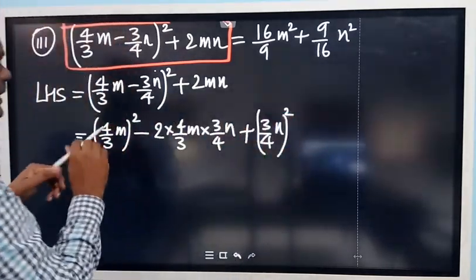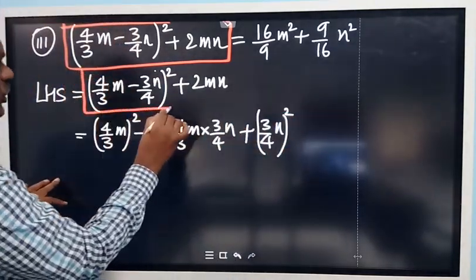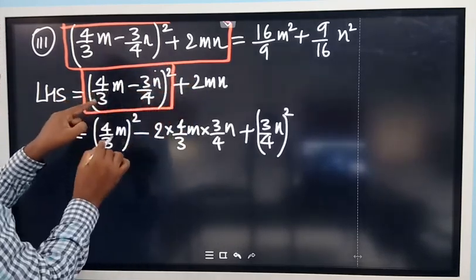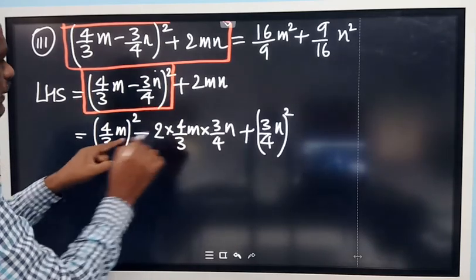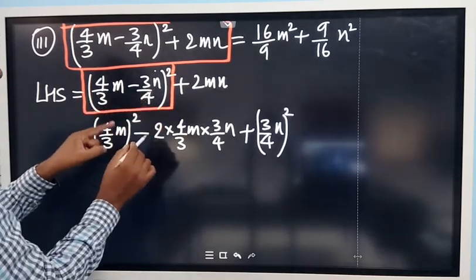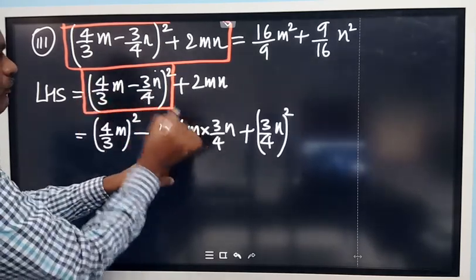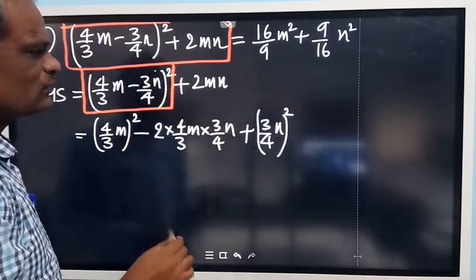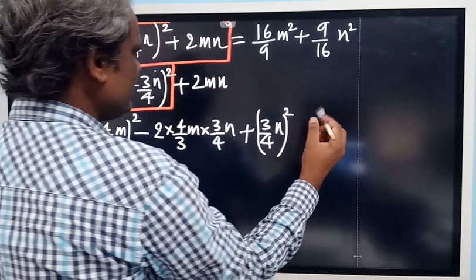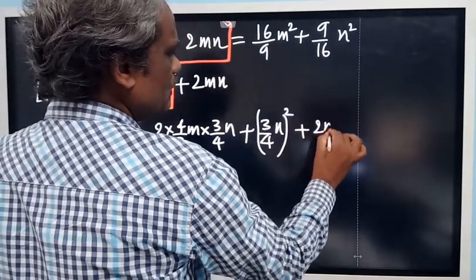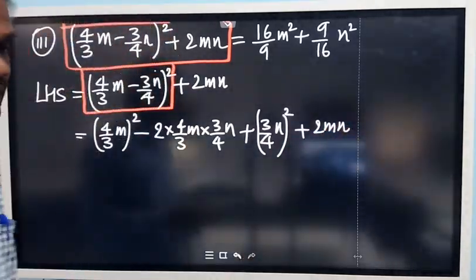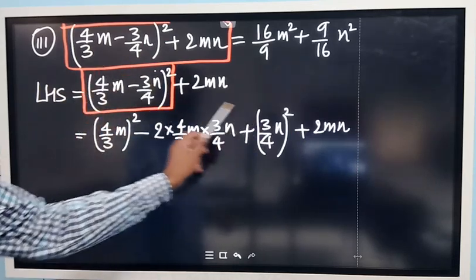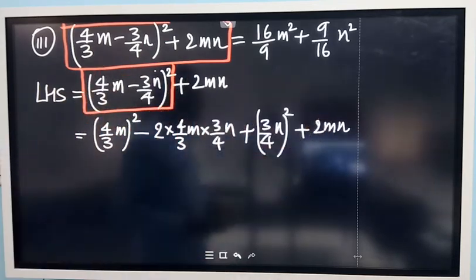So we simplified this portion only. This is this much only. A minus b whole square, a square minus 2ab, a value this one, b value this one, 2 into a value, b value is this, plus b square, 3 by 4n whole square. Then you write this last at the end plus 2mn. Is it clear to all of you? This portion we simplified using a minus b whole square formula. This one we have written as it is.